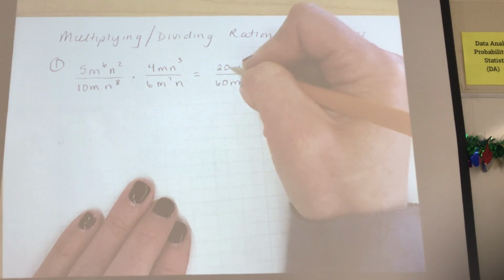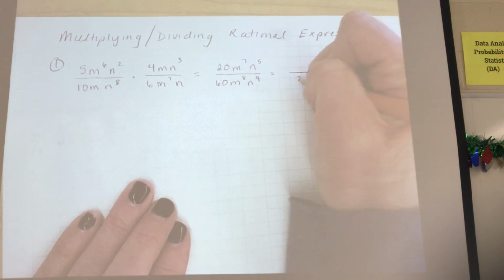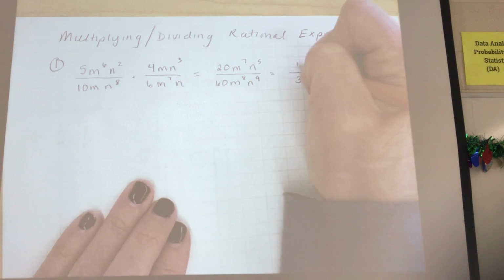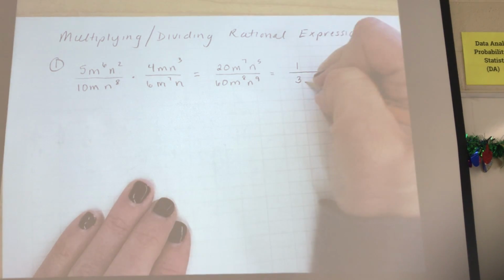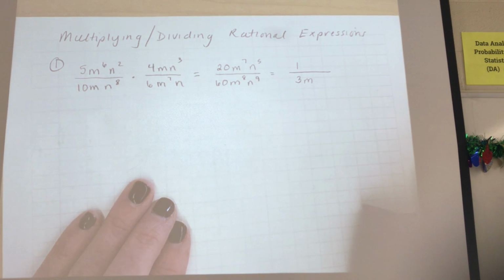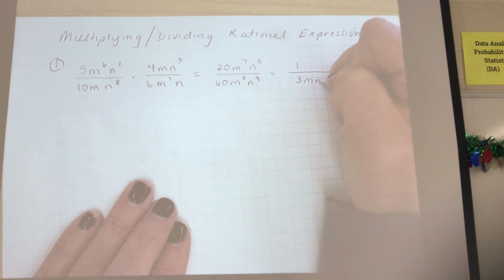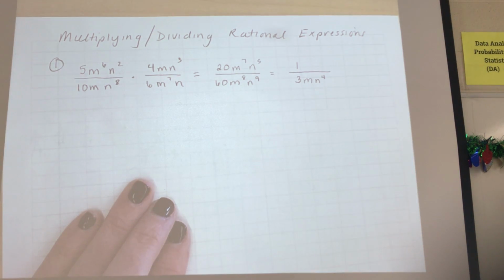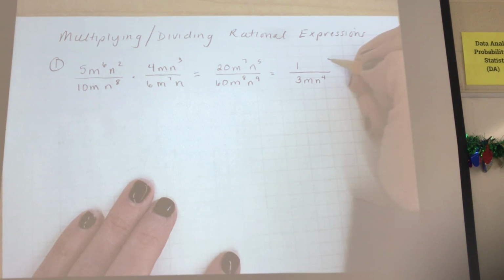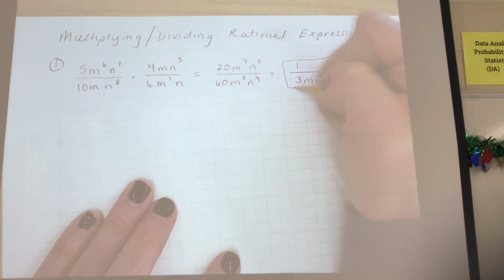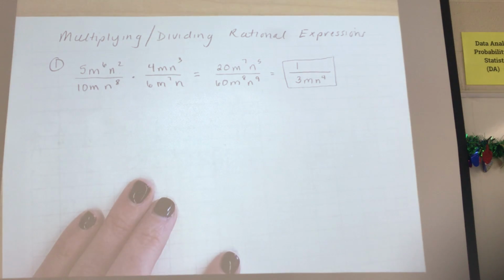Let's see, this will be 1/3. And I'll use my subtraction rule. 8 minus 7 is 1m remaining in the denominator, and an n to the 4th. Now, it's important that I have the 1 in the numerator as a placeholder, so don't lose that little guy there. And this is done.